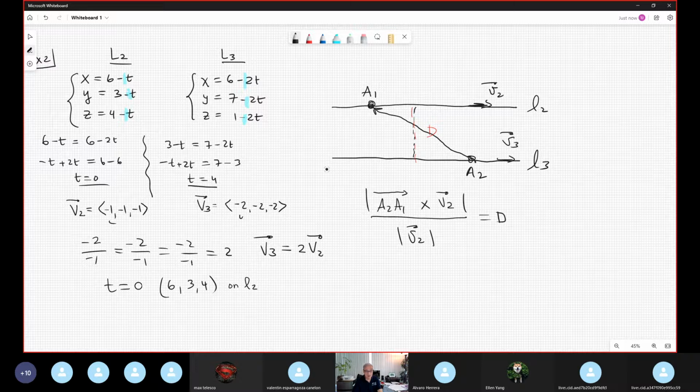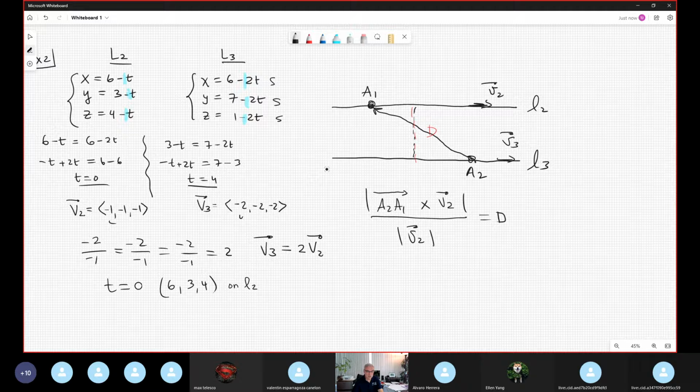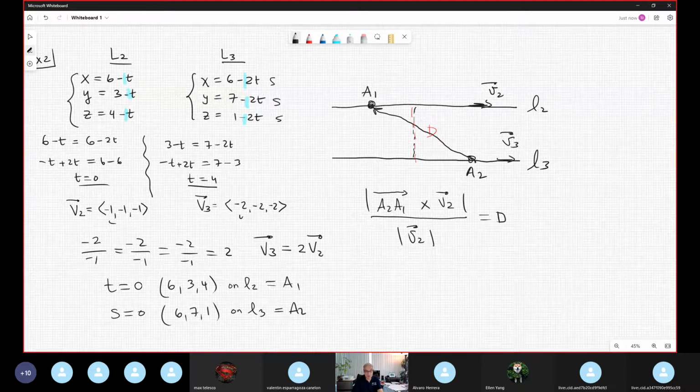Likewise, for the other line the parameter is not t, it's s, for example, but it doesn't matter. Suppose s equals 0, and you get another point, 6,7,1 on L3. This is the point A1, and this is the point I call A2. I don't know why I confused the numbering, but it's okay.